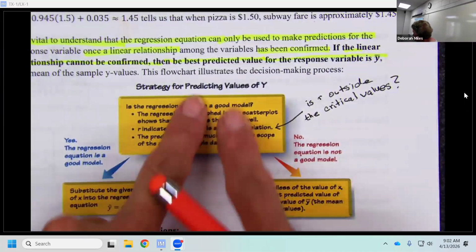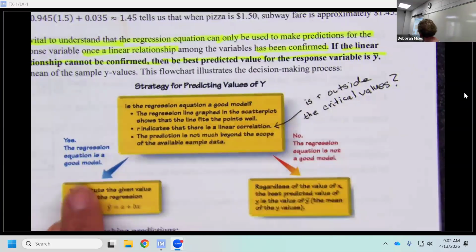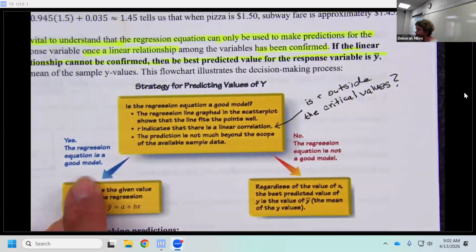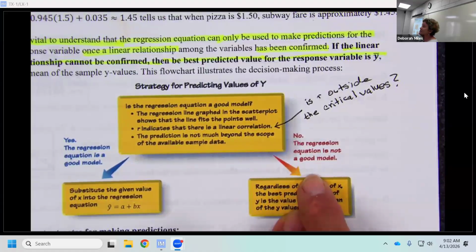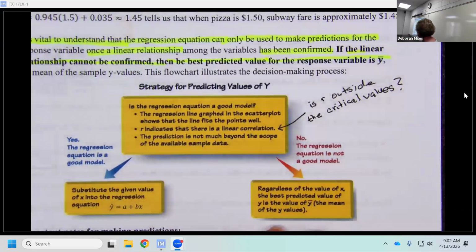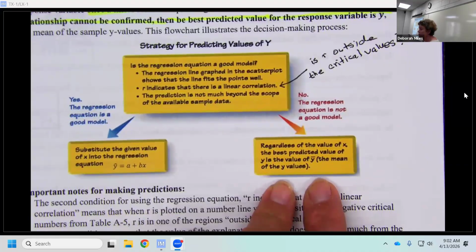So if we answer yes to all three of these things, then we can use the regression equation to make a prediction. But if not, don't use the regression equation. If it's not a good, strong linear correlation, then don't use the regression equation to make predictions. And when we can't use the regression equation to make predictions, what are we going to use?